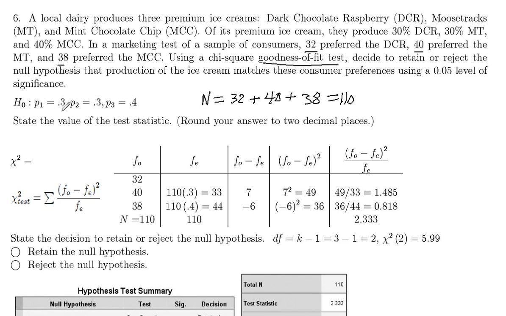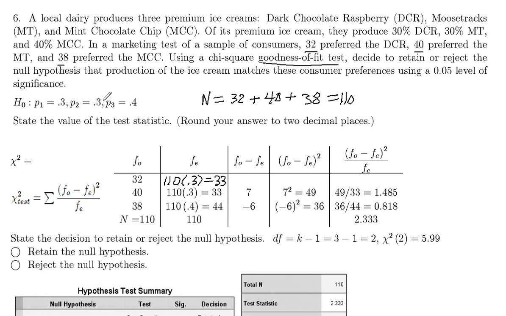So if we're expecting that 30% of those are going to prefer the dark chocolate raspberry, then our expected count is going to be 110 times 0.3. We expect 30% of the 110 are going to like the dark chocolate raspberry, and that's 33. And then we do the same for the other two.